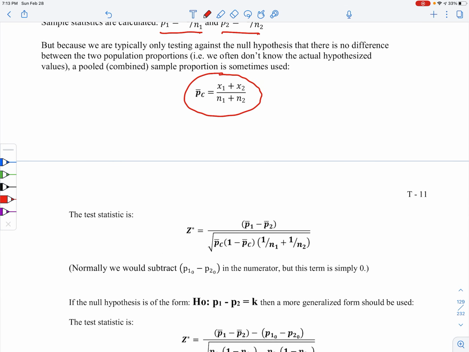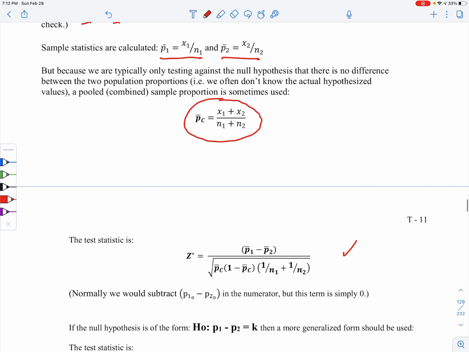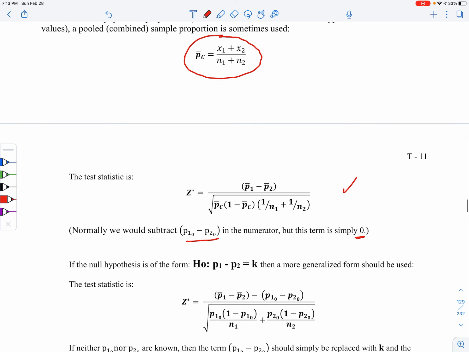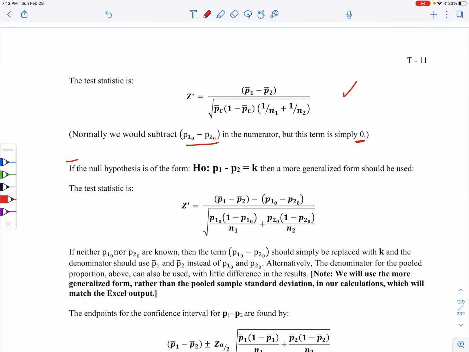The test statistic looks like this. And of course the numerator here just has p1 naught minus p2 naught, and that disappears because it's typically equal to 0. Now there is a section down here that says, if the null hypothesis is of the form p1 minus p2 is equal to some number k other than 0, then you should be using this more generalized one here.